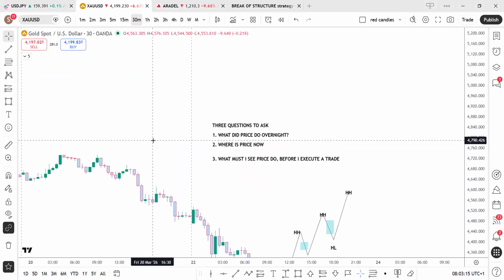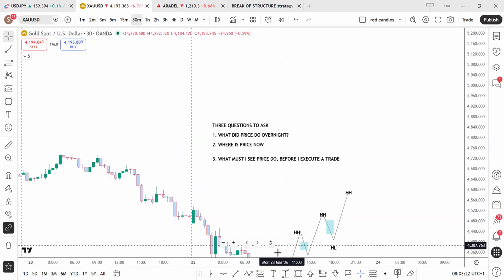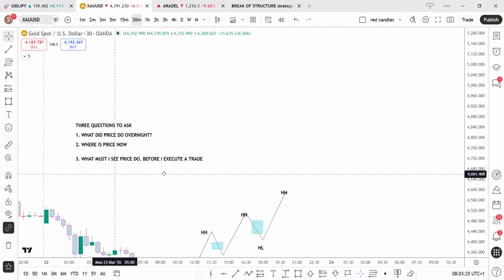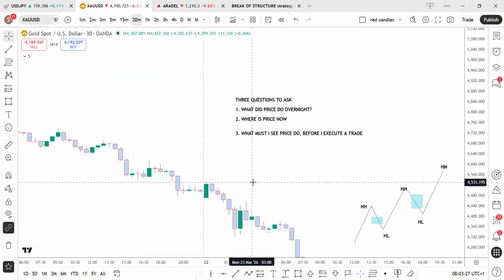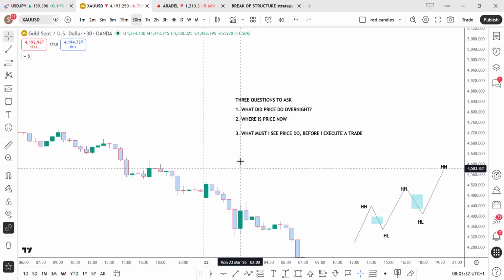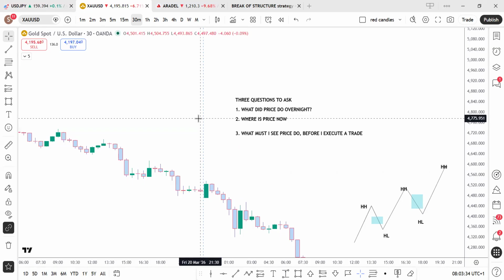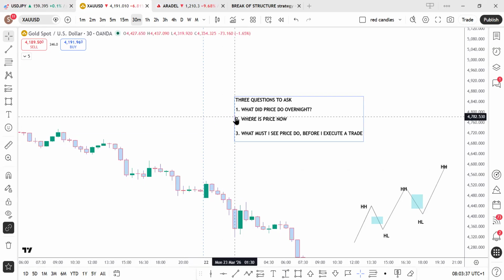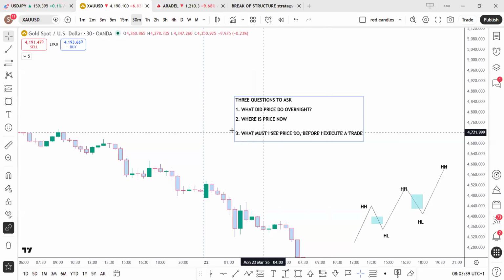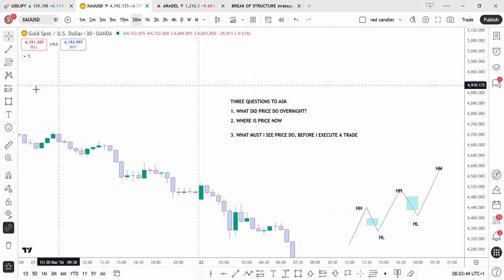Now the next thing that we like to do as well, we always ask these three questions. We encourage all our traders to always ask these three questions, no matter what process you're using, whether you're using our break of structure or any system at all. What has price done overnight?